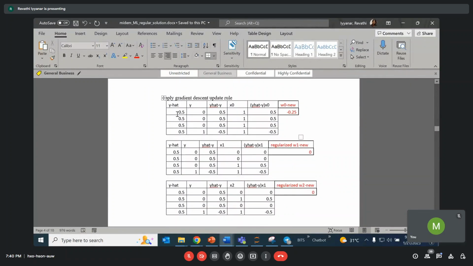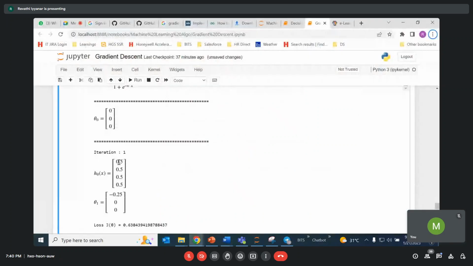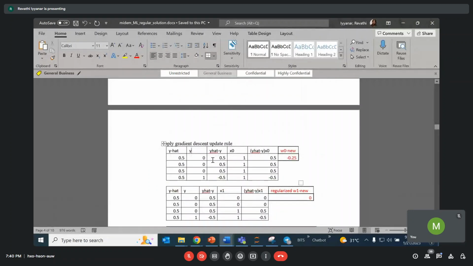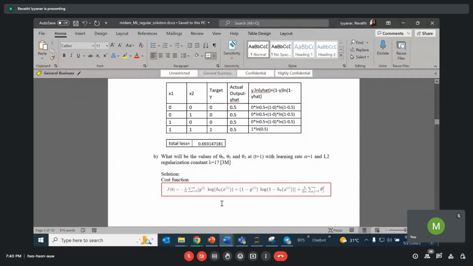After the calculation, we can just highlight this one. We can initialize x hat, which we already know. At least x hat we can take from this h naught of x, and then y is the target y, this one.